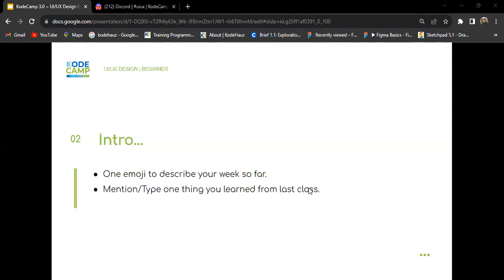The first stage I think is empathize, then define, then ideate, then prototype, test. I think that's all of it.